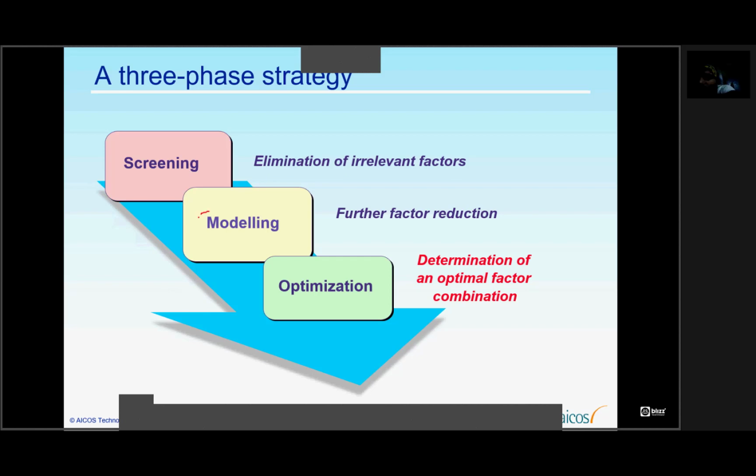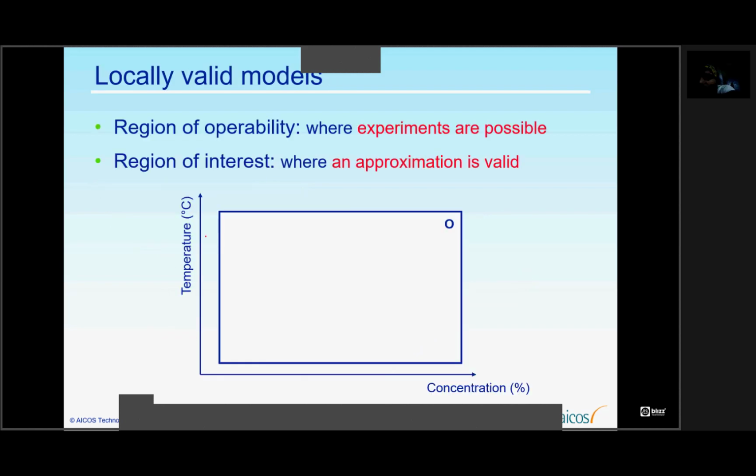In this strategy, you see that we speak about modeling, and it implicitly means, if not explicitly, that we have to deal with models, with mathematical models. And this is what I want to show now. In fact, if you take the example of the temperature, and we take a chemical process, maybe the temperature can vary in general, or in theory, from a very small value like 20 degrees to a very high value like 200 here.